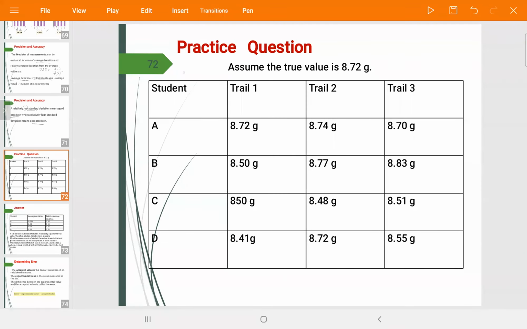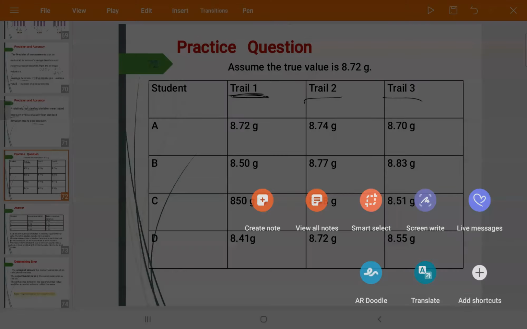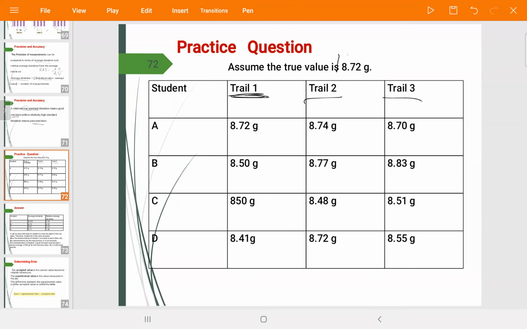You have 4 students, and for example, they measured an object 3 times, so that's what trial refers to. They have repeated the measurement 3 times. Remember you are given the true value, which is around 8.72.